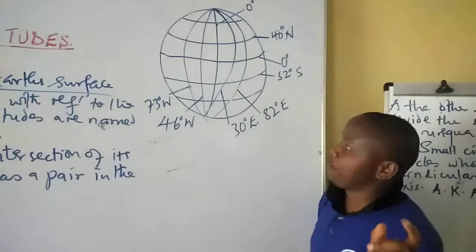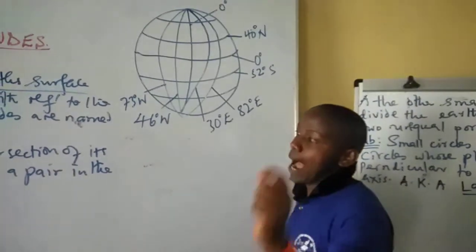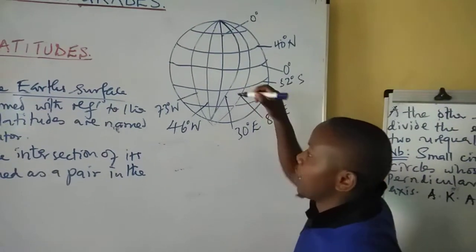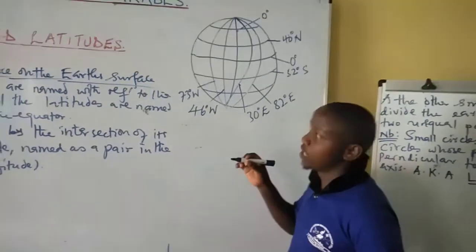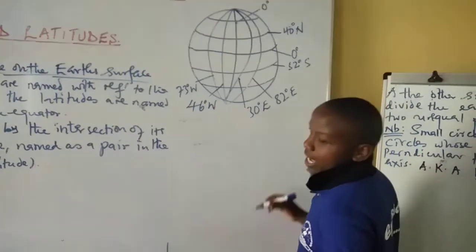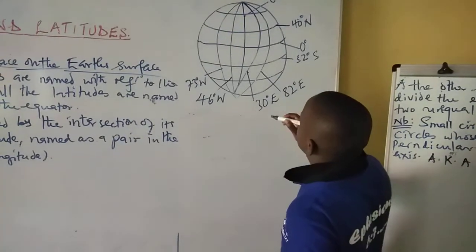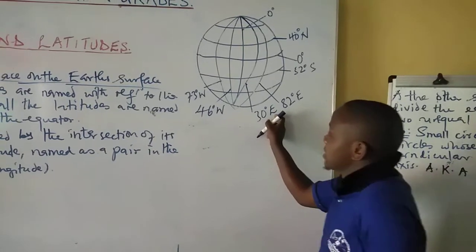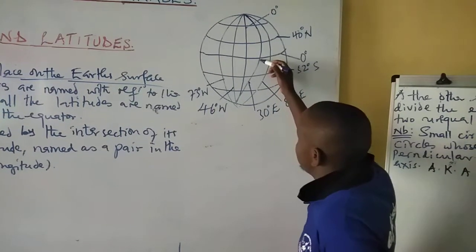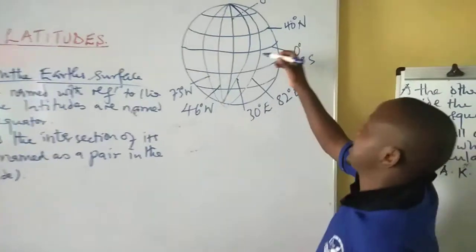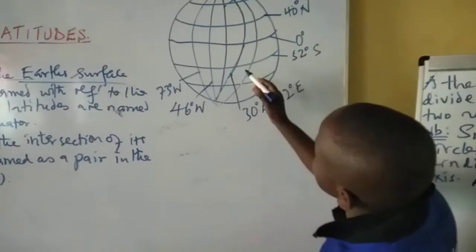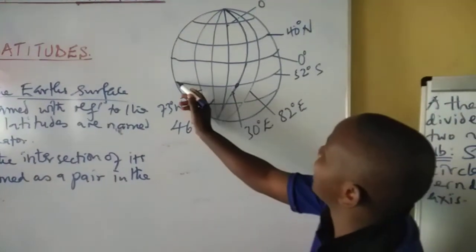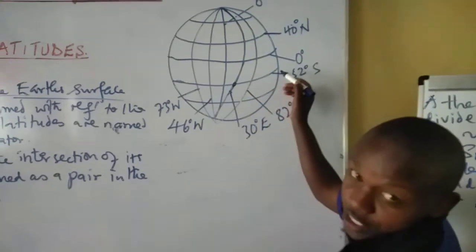Therefore now, you will find that for you to identify a place, you will check where a certain longitude has intersected with a given latitude. For example, longitude 30 degrees east is intersecting at a point with latitude 52 degrees.